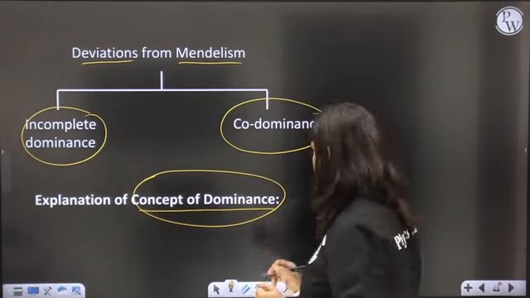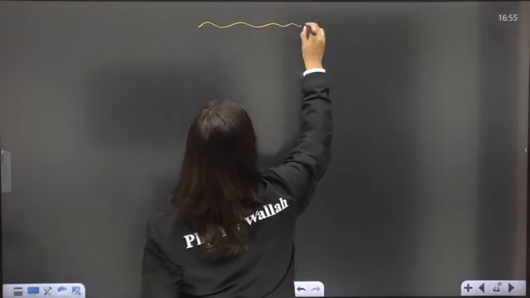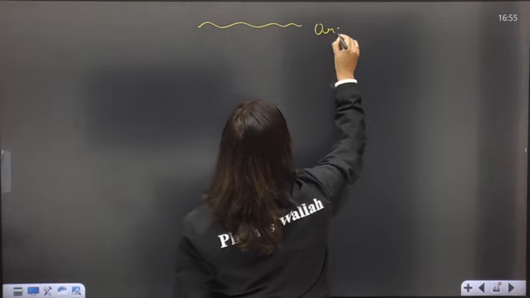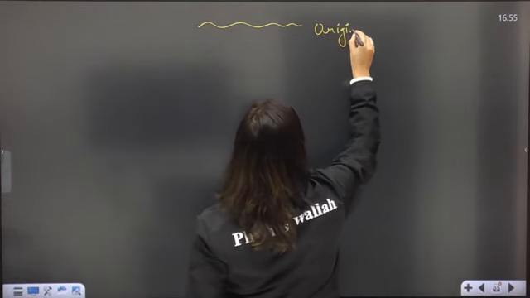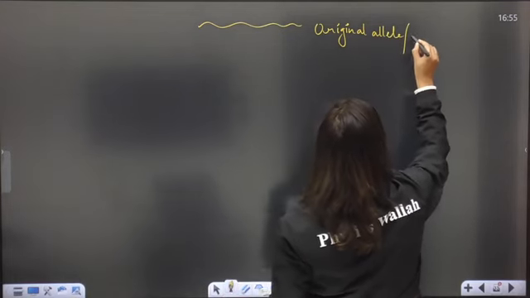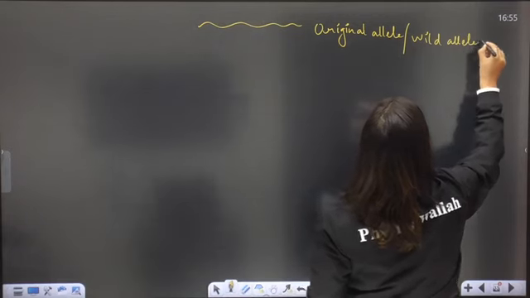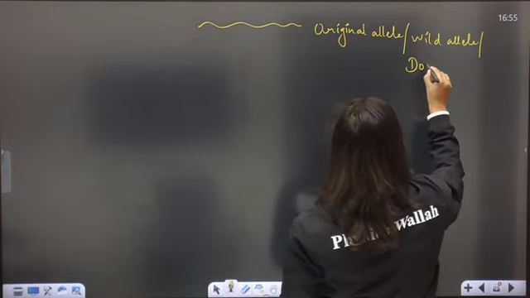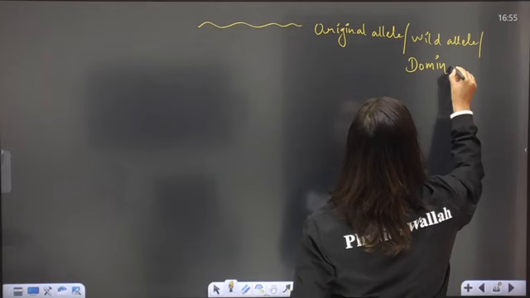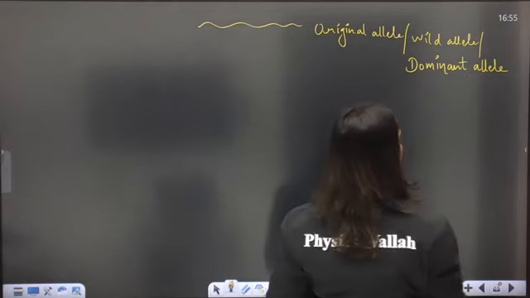Okay, let's see. I am taking an original allele, which is usually called the wild allele or the dominant allele.